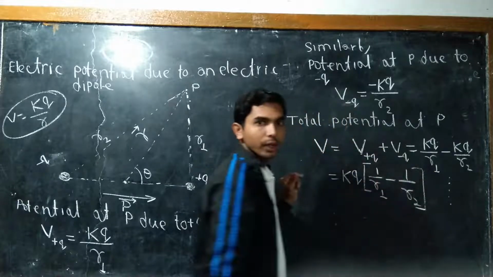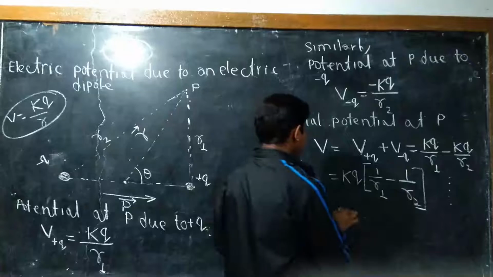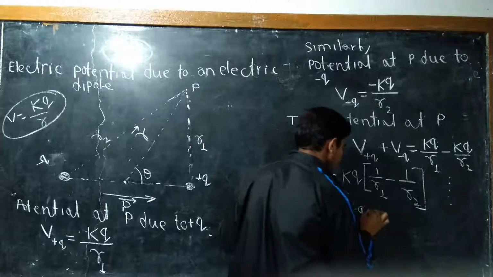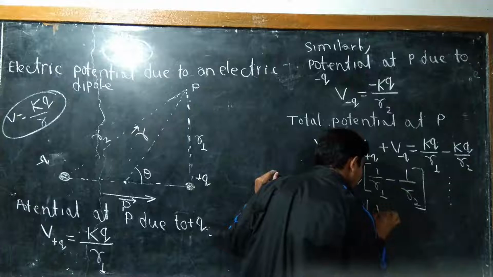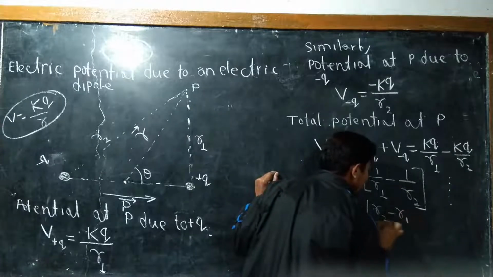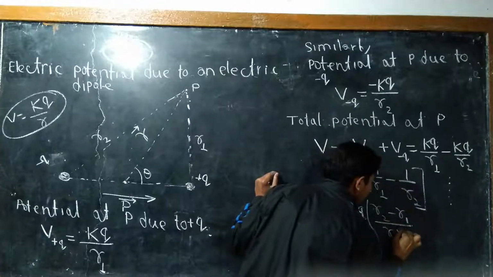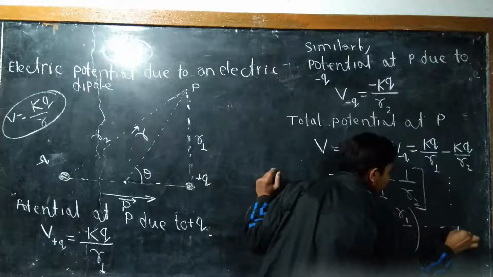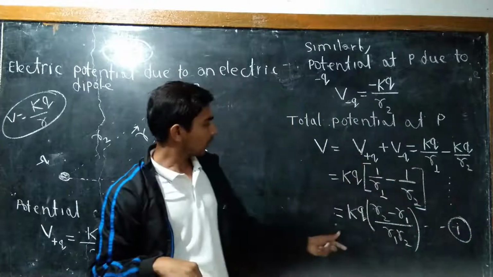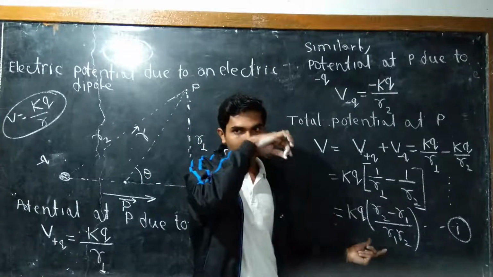Yes or no? Right? Further we can write like this: KQ into R2 minus R1 divided by R1 into R2. Suppose this is your equation 1. Up to this, there's no doubt, okay?